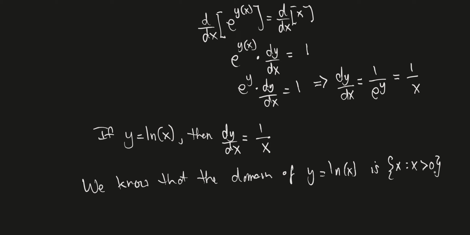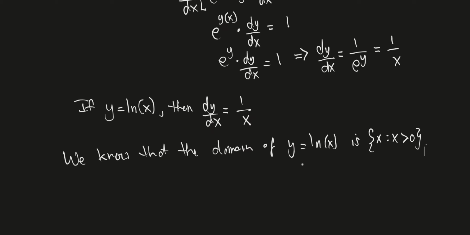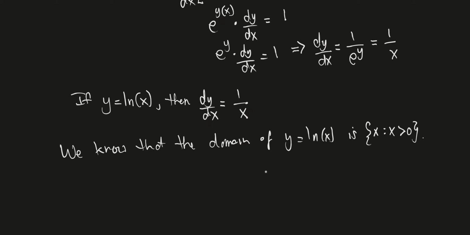Well, the thing is, we know, for instance, we can never take the natural log of 0, but sometimes we use the absolute value to extend the domain of the natural log function, right? So, if you think about it, if we were to, let's say, want to be able to take logarithms of any real number except 0, right?